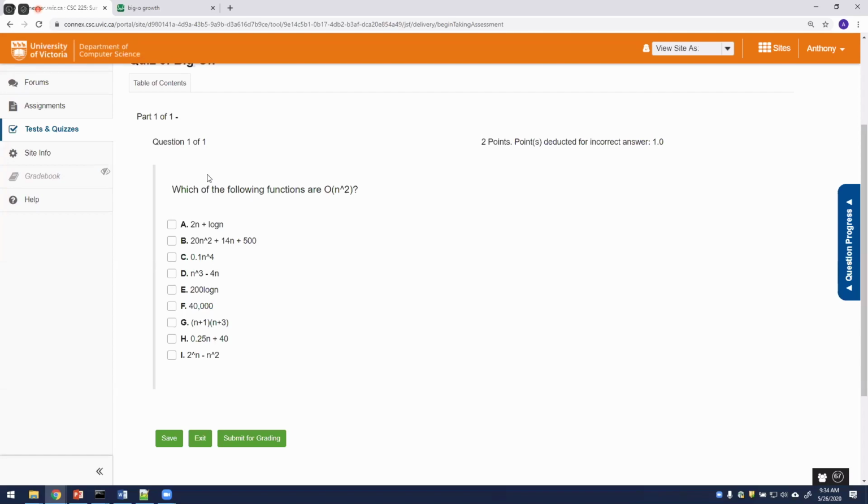And again, our original expression was 10,000 n squared plus 25n. I have to scale my y up a bit more.